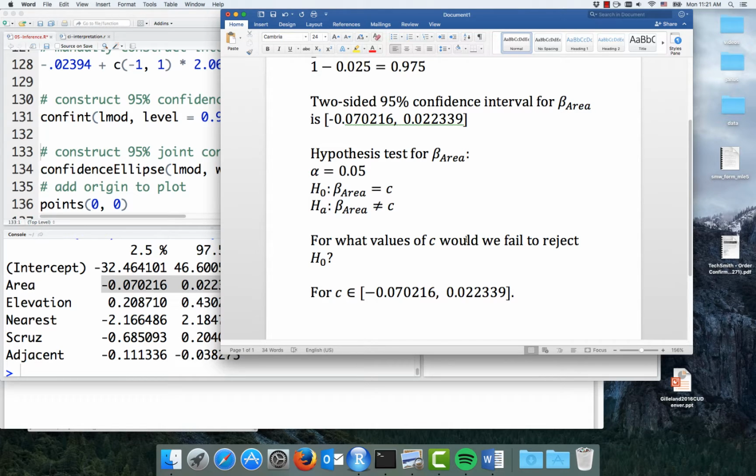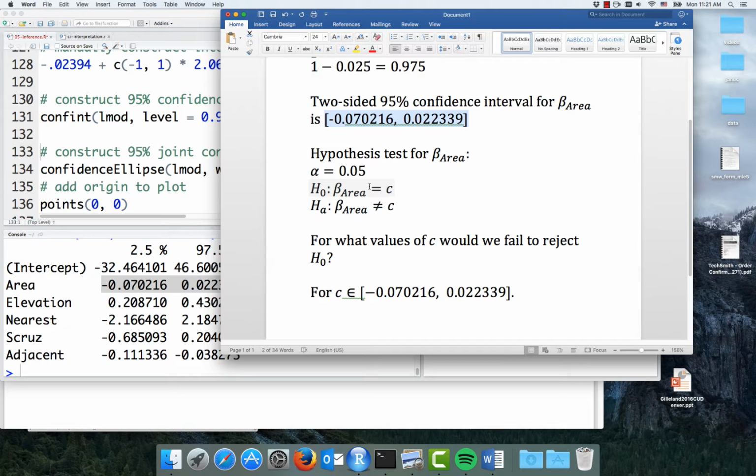And this should actually make intuitive sense. We've stated that a confidence interval is a set of plausible values for our target parameter. In other words, these are values of our parameter that we think are reasonable. If I think a value of my parameter is a reasonable value, then why would I reject the null hypothesis that the parameter equaled that number?